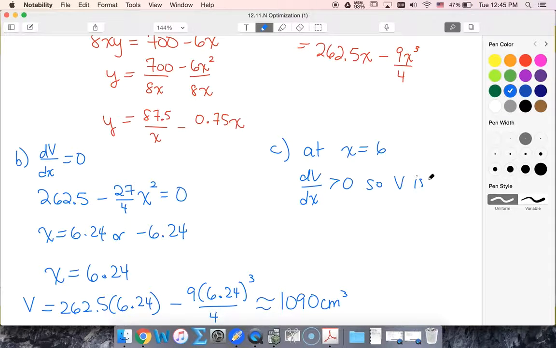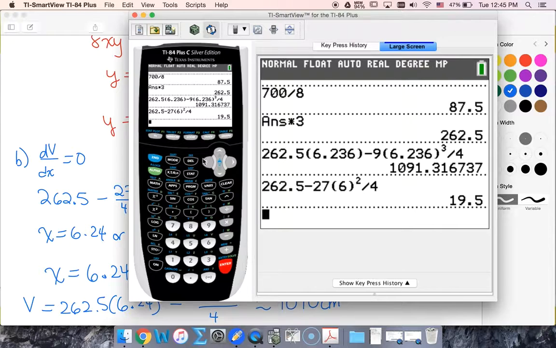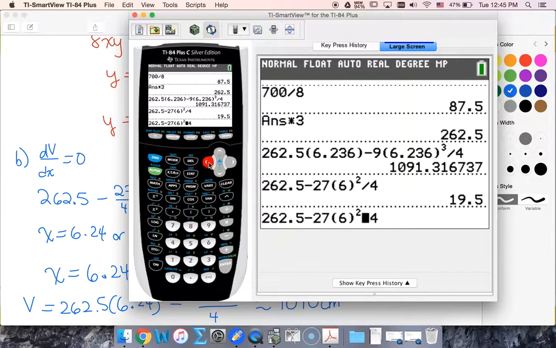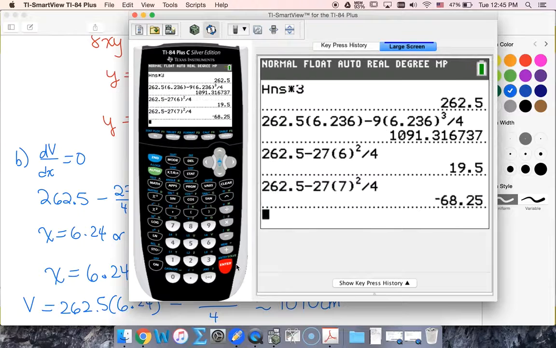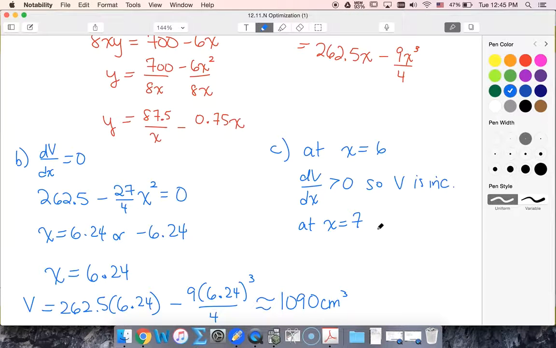So V is increasing. At x equals 7, hopefully I get a negative number. For my derivative, remember I'm plugging into the derivative to determine increasing, decreasing, and I get a negative. So my function went from increasing to decreasing.